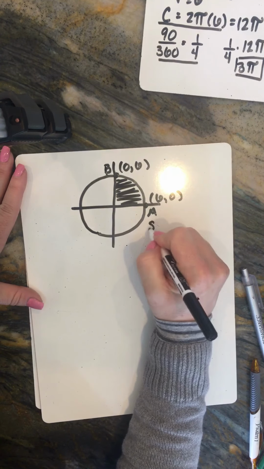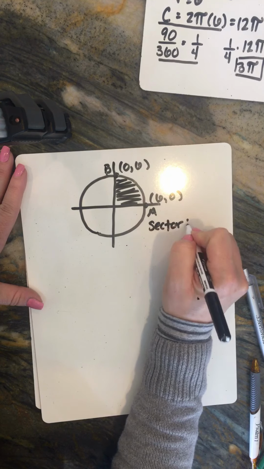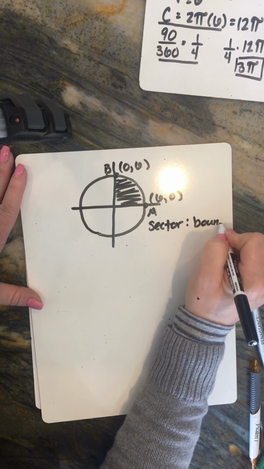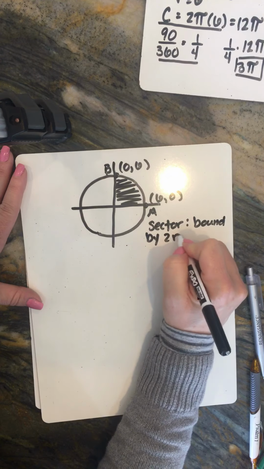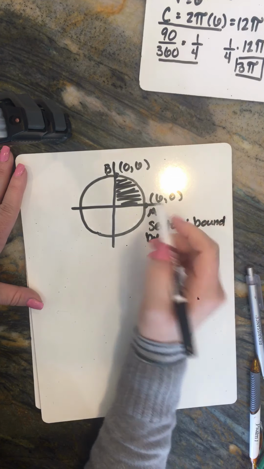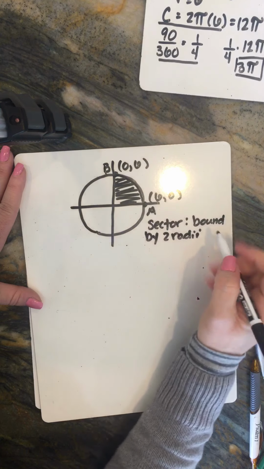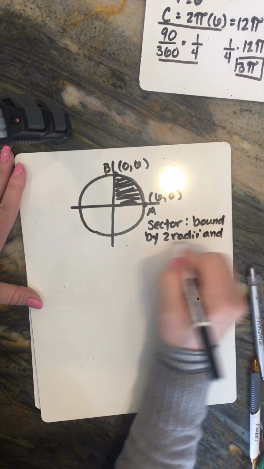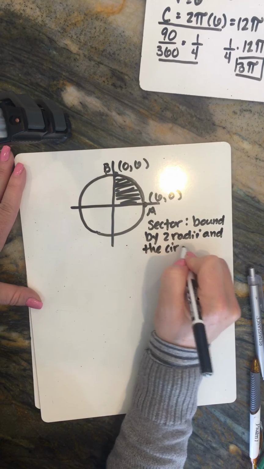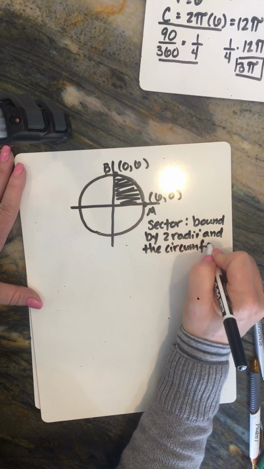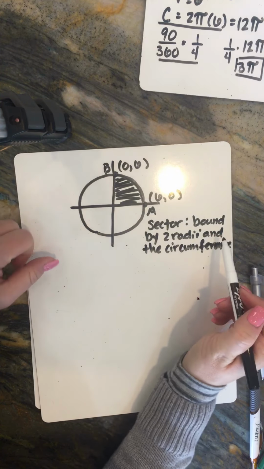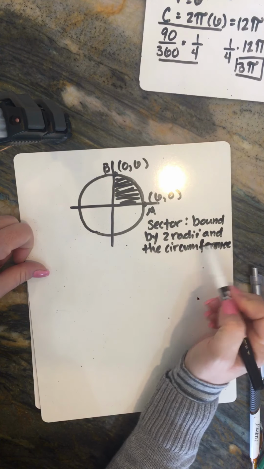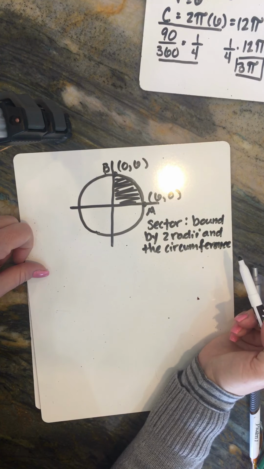It's the sector of a circle, and it's bound on either side by radii. And then it's also bound here by the circumference. So the piece of pie is called a sector. A sector is bound by 2 radii and the circumference.